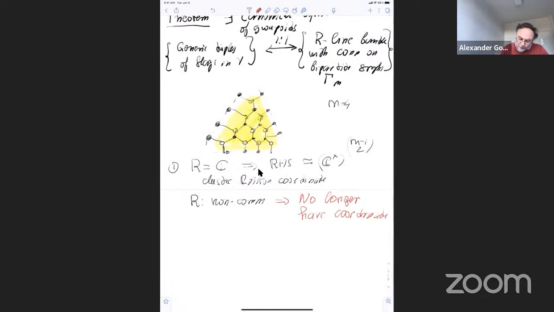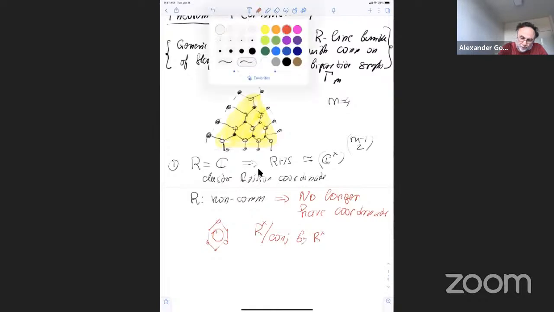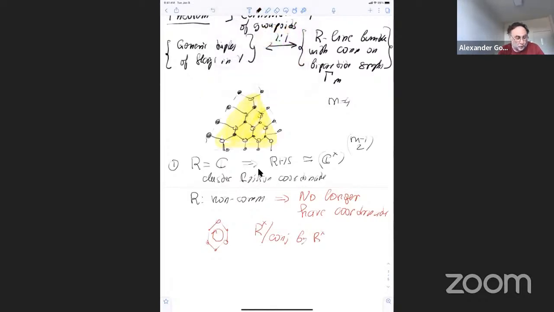Because we wanted to consider, for example, a circle, something like that we have inside of our graph. Topologically, it's a circle, but we have only monodromy of our local system, one-dimensional local system over the circle. It doesn't give you a number. So this kind of data is given by R star divided by the conjugation by elements of R star. Like if you take n by n matrices, then it's basically defined by n numbers instead of n squared. So you lose lots of information, but there are no coordinates.